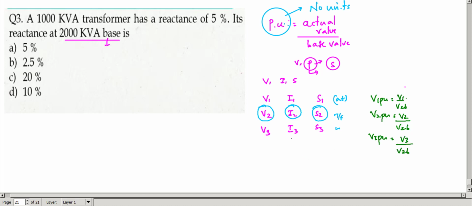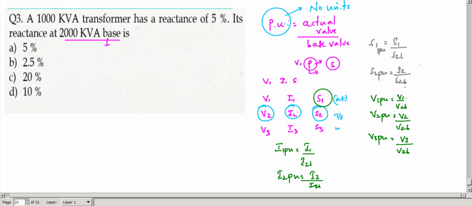Similarly I1 per unit equals I1 by I2 base value, I2 per unit equals I2 by I2 base value, similarly I3 per unit. And S1 per unit equals S1 by S2 base value, S2 per unit equals S2 by S2 base value, S3 per unit equals S3 by S2 base value.